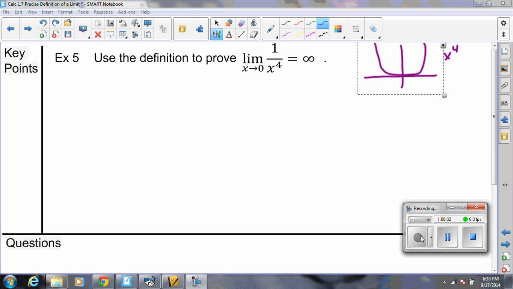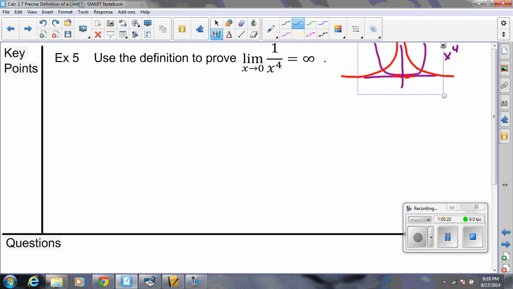Instead of having 1 over, when you start taking and dividing by 1 over, the graph is going to look like this. So we can see as you start approaching 0 from the left and from the right, it is going upward toward infinity. But we need to be able to explain that.